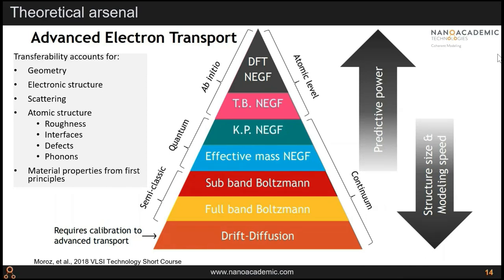And the idea in this pyramid is that on the one side, you have more and more quantum theory that becomes more and more important at small scale. So you go from semi-classical to parametrical quantum theories like k.p, and then down to ab initio, where you have no parameter. And on the other side, you have continuum models that can solve pretty large devices with complex geometries that do not fit the atomic framework.